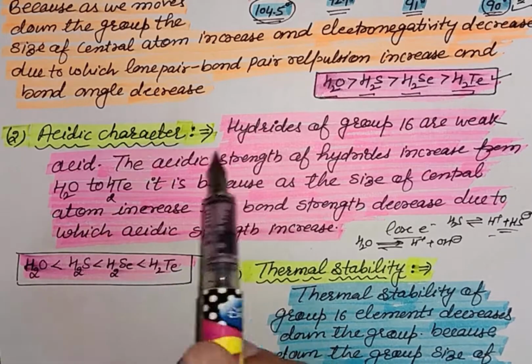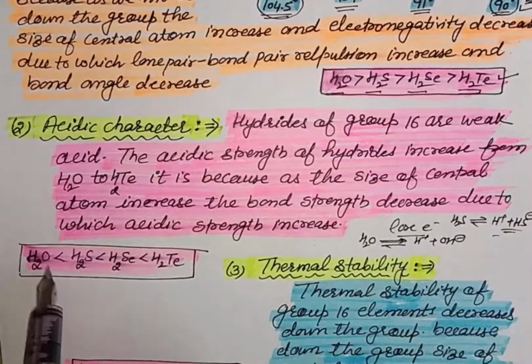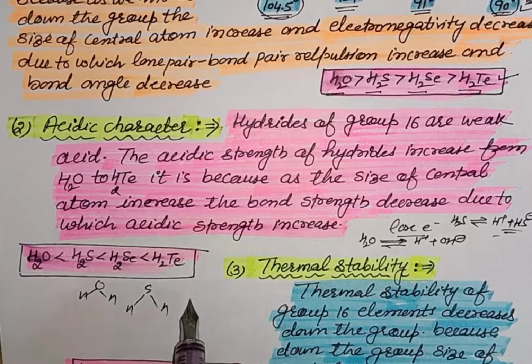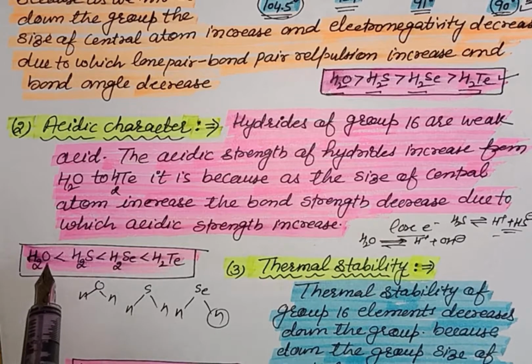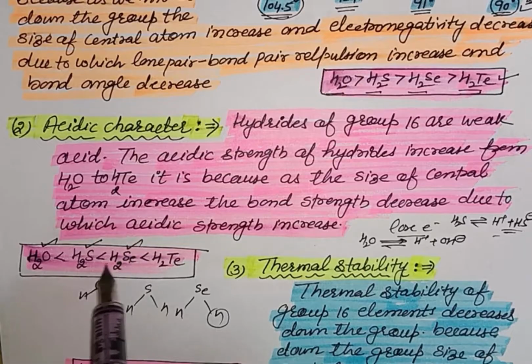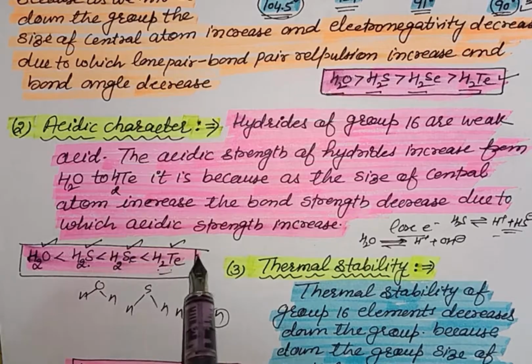This is because the size of the central atom increases, due to which the bond length between the central atom and hydrogen increases, and it becomes easier to release the H positive ion. So the correct order of acidic strength is H2O, then H2S, then H2Se being more acidic than H2S, and the acidic character of H2Te is greater than H2Se.